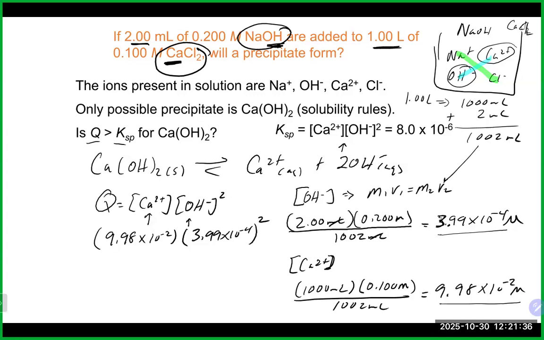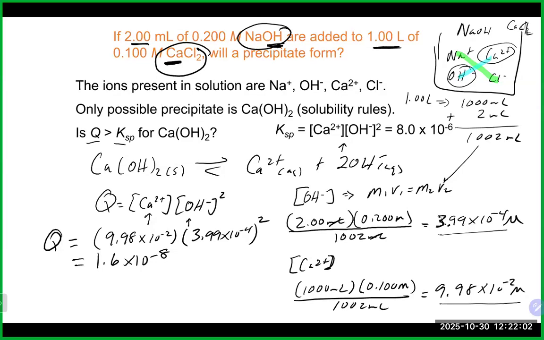Don't forget to square it, right? Take that and a little squared action times 9.98 to the minus 2. It's going to get us a Q of 1.6 times 10 to the minus 8. Any questions on that there?